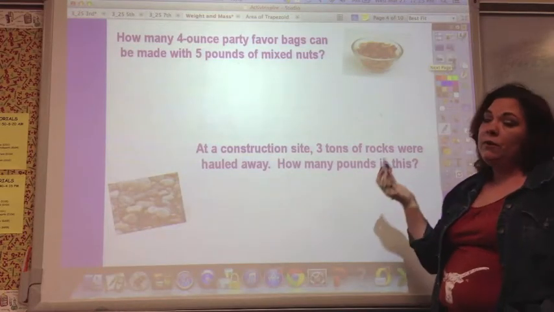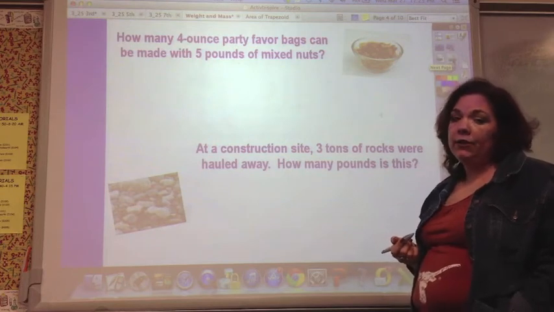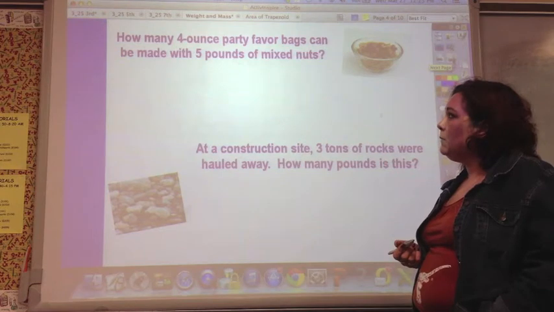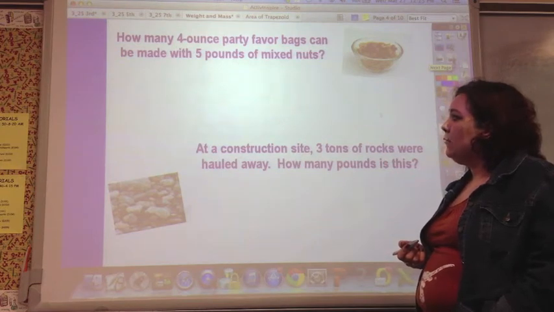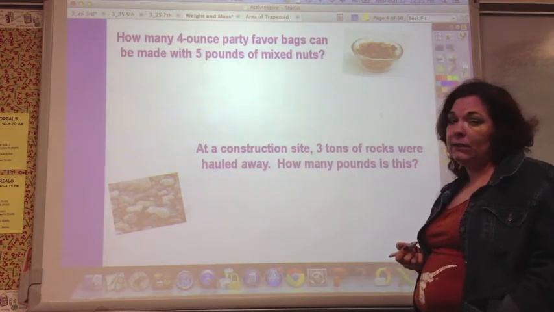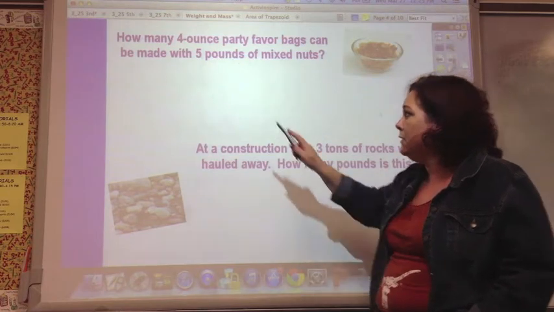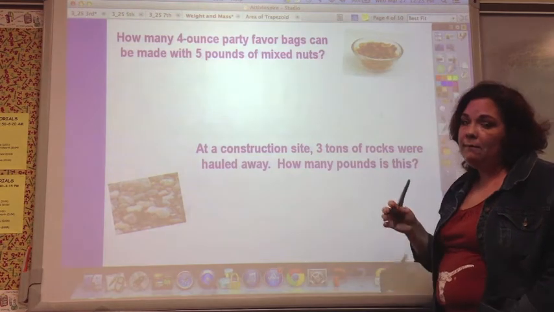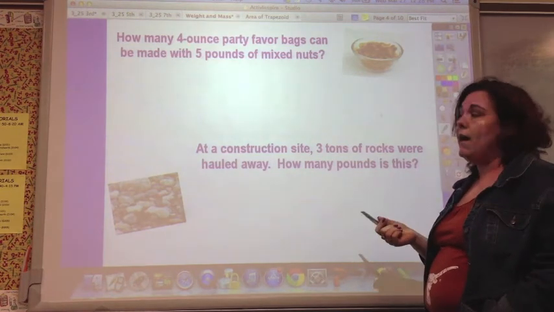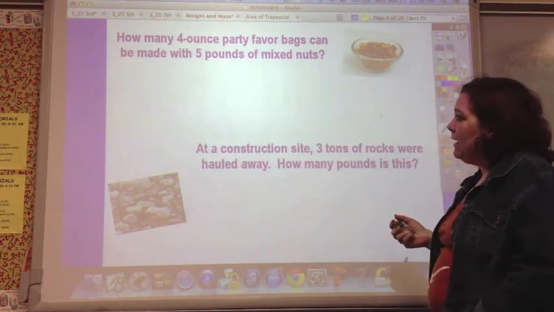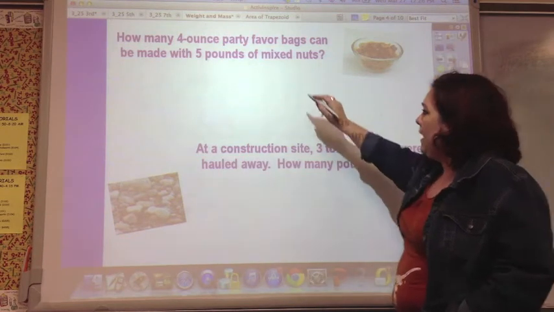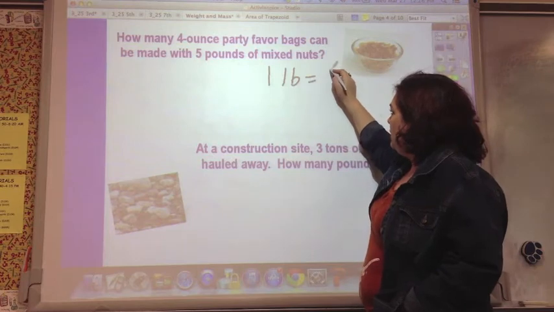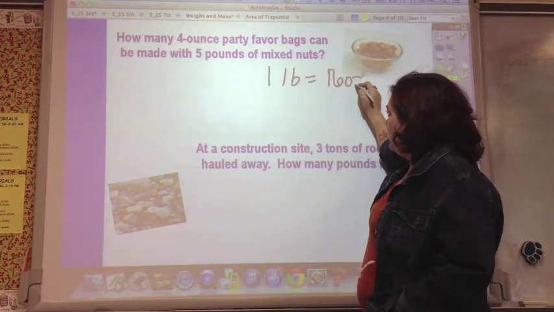Whenever you're doing word problems like this, you really have to look at what you want your answer in. It says how many 4-ounce party favor bags can be made with 5 pounds of mixed nuts. First, I have to turn these pounds into ounces, and to find out how many bags I can make, I'm going to need to divide. For every 1 pound, there are 16 ounces.